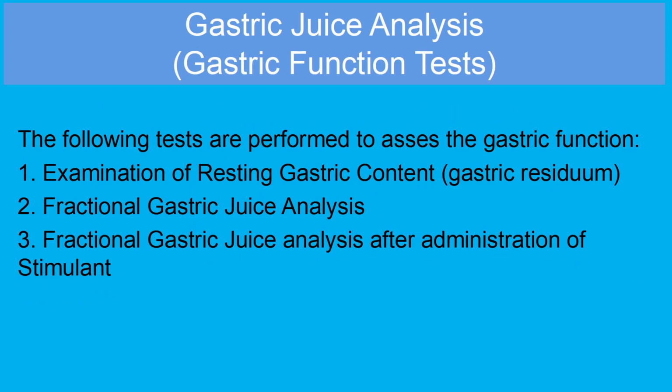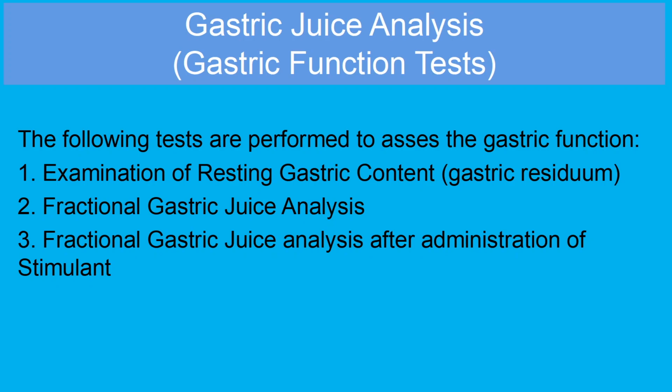These are the main tests included under gastric function test: examination of resting gastric content, that is gastric residuum, then fractional gastric juice analysis, and fractional gastric juice analysis after administration of a stimulant. Mainly they will perform all these tests.